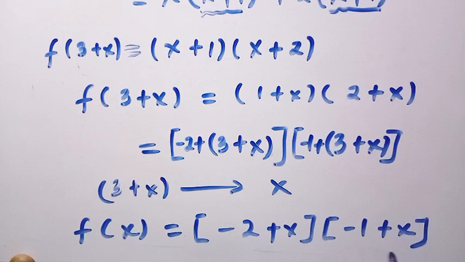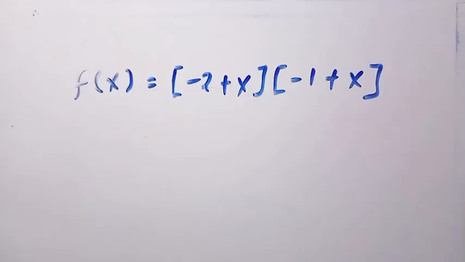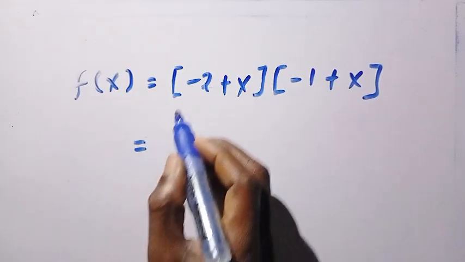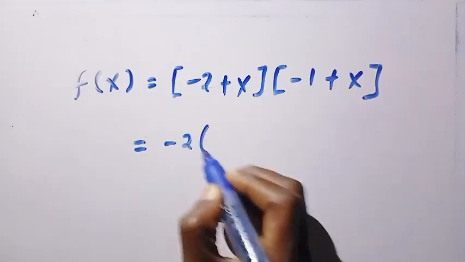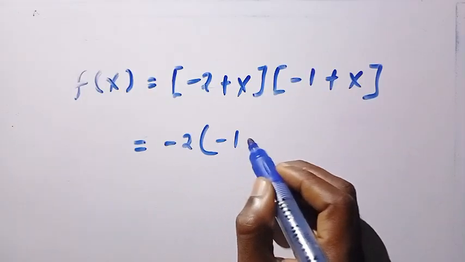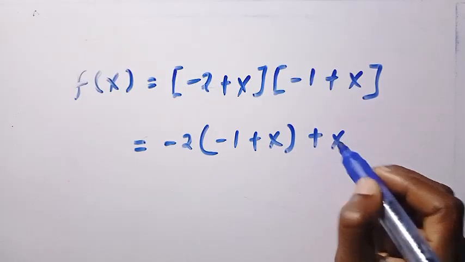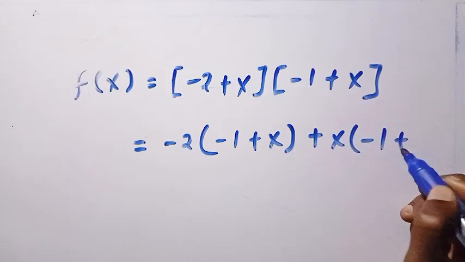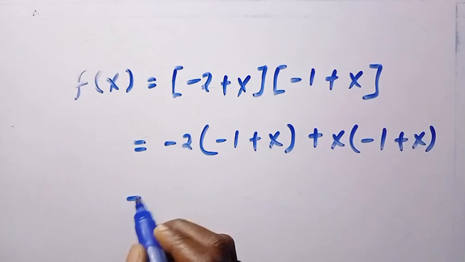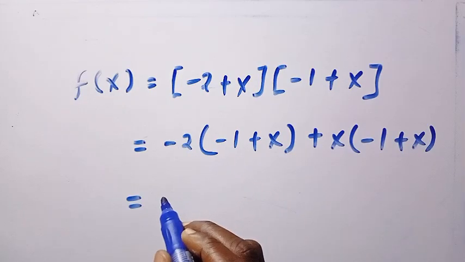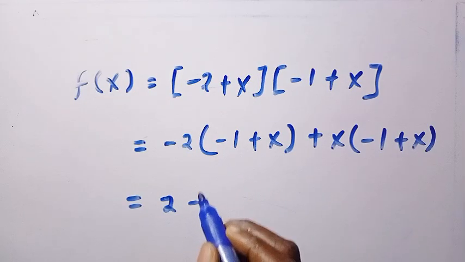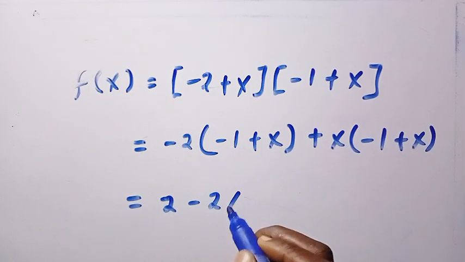And let's try and expand this out. By expanding this, we have minus 2 into bracket of minus 1 plus x, and also we have plus x into bracket of minus 1 plus x. So minus 2 times minus 1 gives us 2. Then minus 2 times x, we have it as minus 2x.